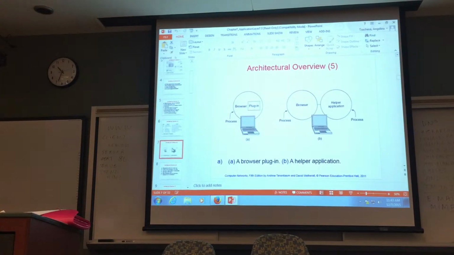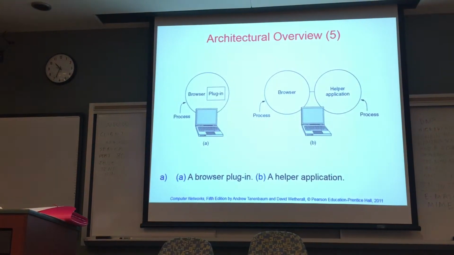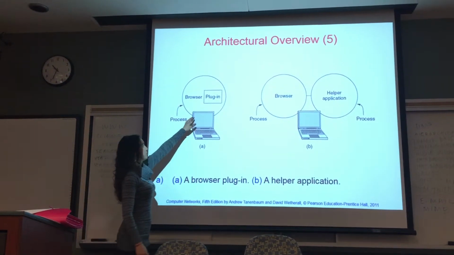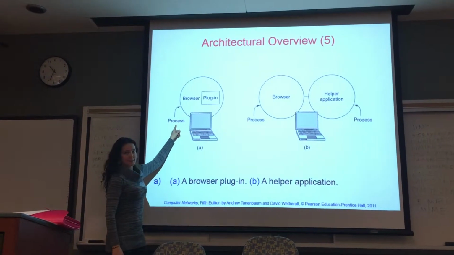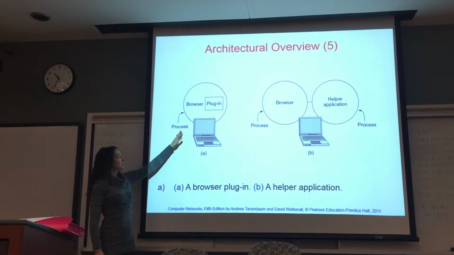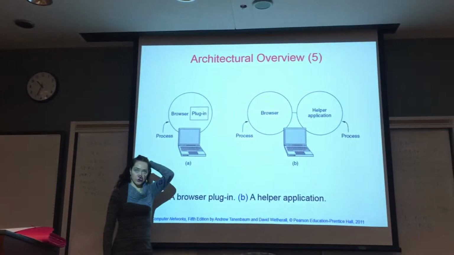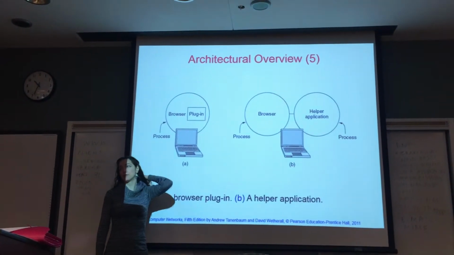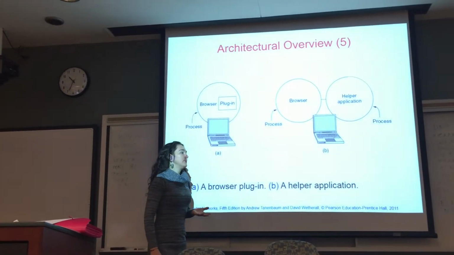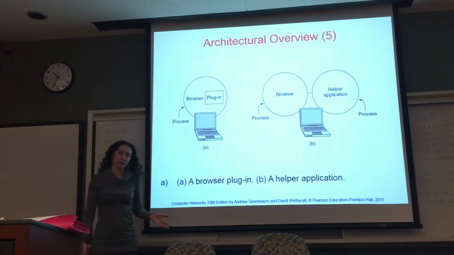It needs either a plugin, which is additional logic that is loaded inside the browser process. Remember, a process is an instance of a running program. So the browser is running, and it wants to do something other than display HTML. Let's say it wants to play music or video or open a PDF file or an Excel file or something like that. It can't do it. It doesn't know how to do that.